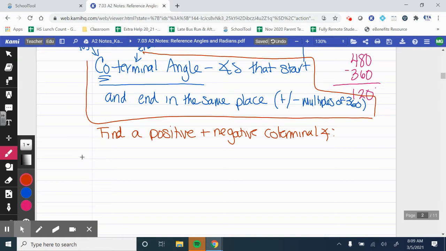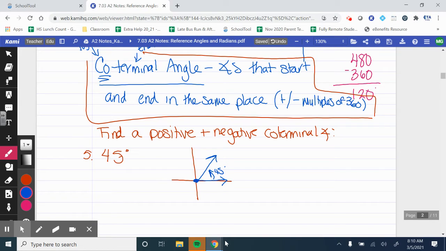So this is number 5. Given, we'll start with 45 degrees again. Given 45 degrees, I want to find an angle that starts in the same spot and ends in the same spot. Here I know 45 degrees, we drew it before. Vertex is the origin. Here's a 45-degree angle, terminates in quadrant 1.